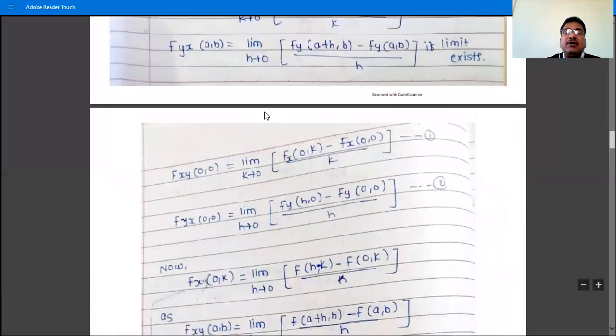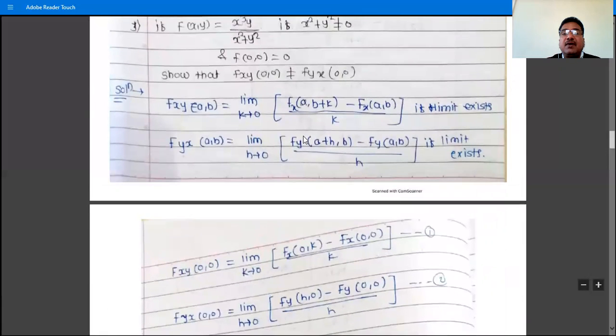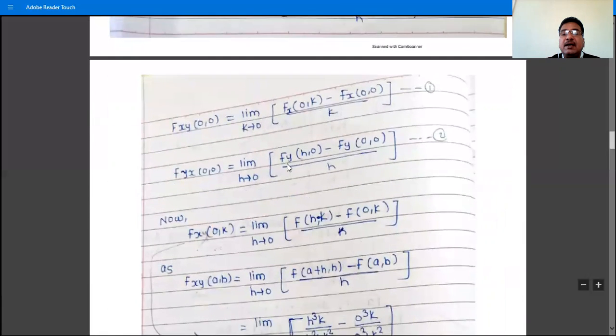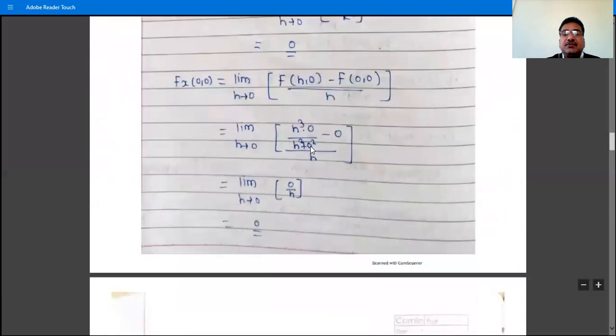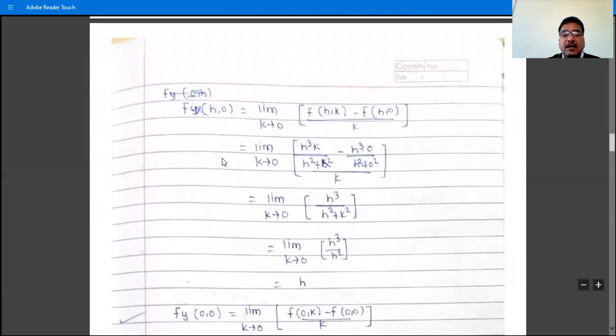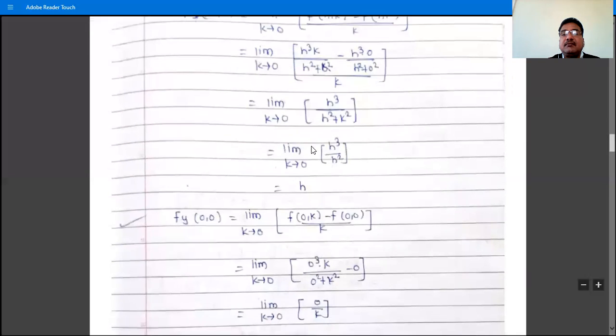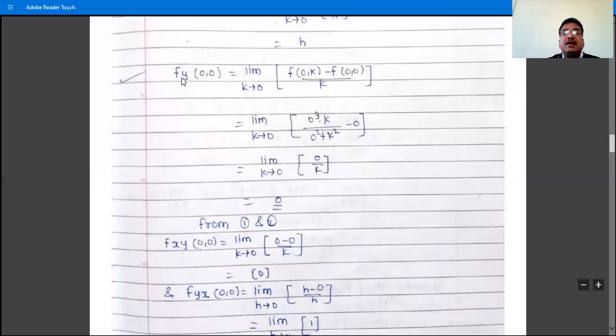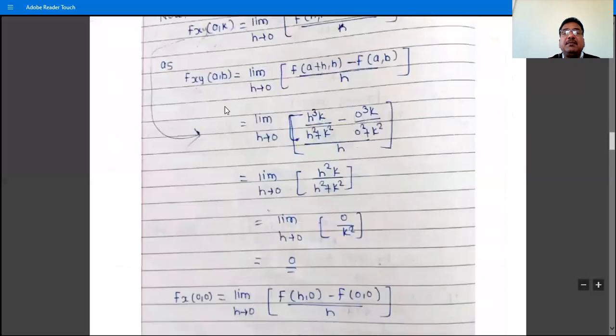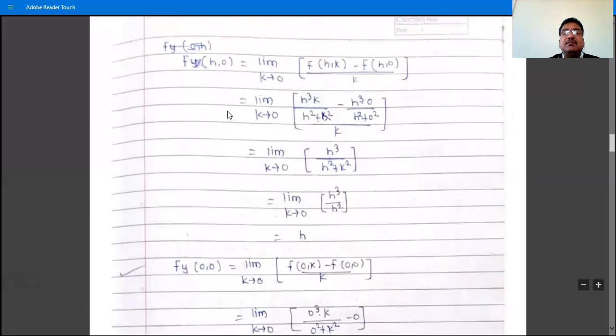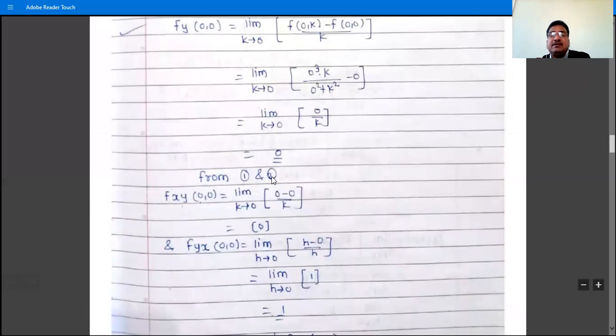Then for fy(h,0), use the definition of fy(a,b) and substitute a as h and b as 0. The answer is h. Similarly, fy(0,0): use the definition of fy(a,b) and substitute a as 0, b as 0, and we have this answer.